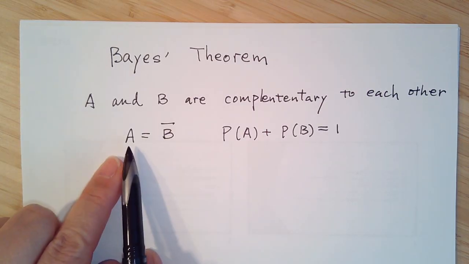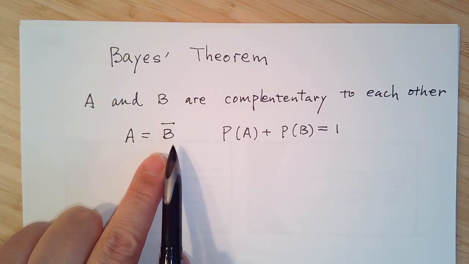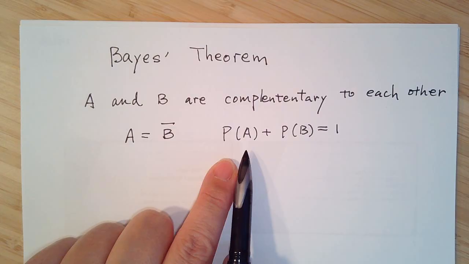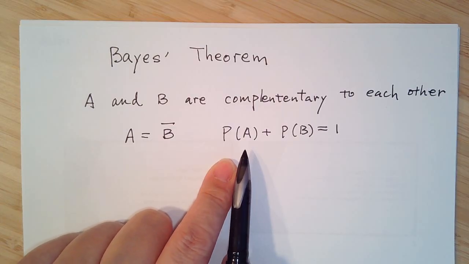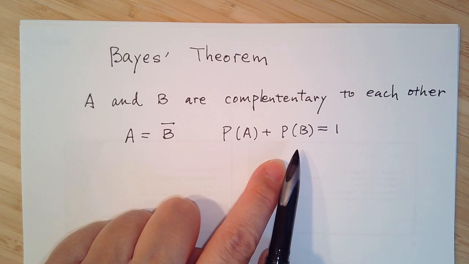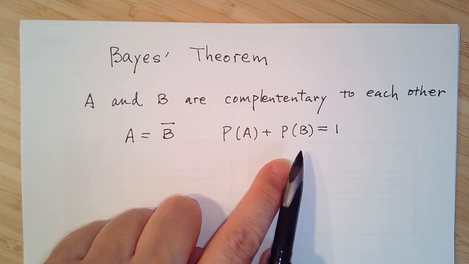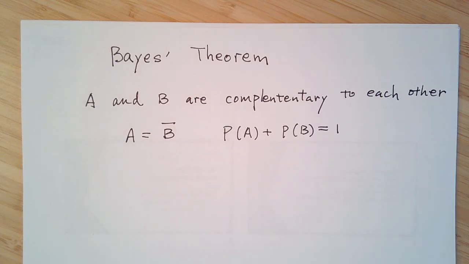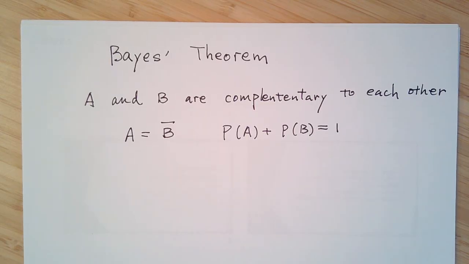So the probability that a randomly selected person was born in Virginia plus the probability of not being born in Virginia add up to 100%. So either A or B, no overlapping, and A and B made up the whole space. So that is the complementary events.